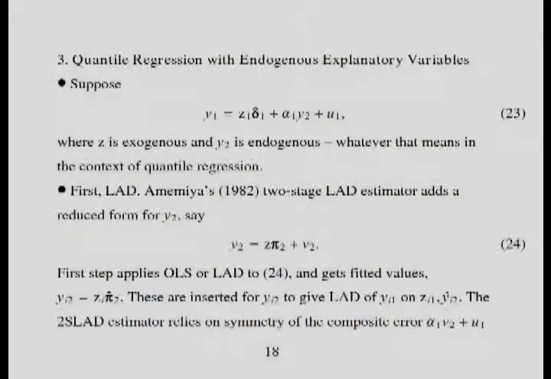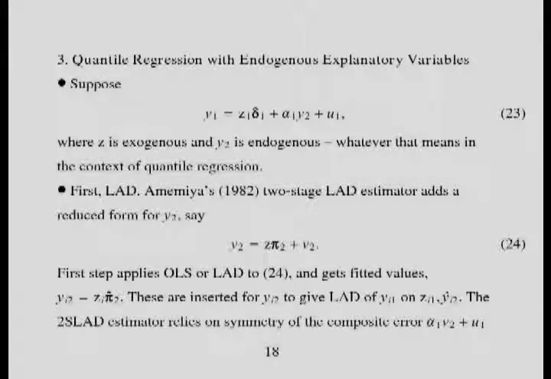So the interpretation of doing least absolute deviations in these cases is a little strange, because if you start off with a structural model and you want to argue that the reason Y2 is endogenous is because it's correlated with some omitted variable, well, you have to assume lots of symmetry to get back to this equation where this error term here is symmetrically distributed.